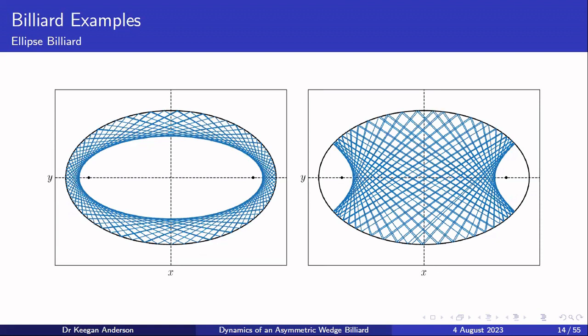But if you have an orbit which passes between one of the foci and the billiard ball, you get the picture on the left, and it's got this elliptic type, or it traces out another ellipse, which is called a caustic. And the last type of orbit you get in the elliptic billiard is if your initial trajectory passes between the two foci, and you get the image which is on the right.